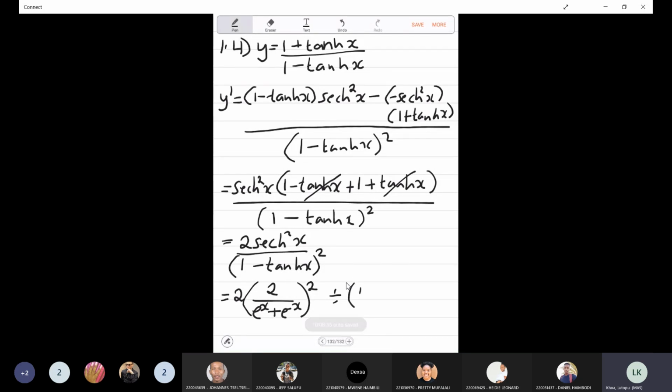So this is 1 divided by, and then tanh, I write it in terms of e to the power of x and e to the power of minus x. This is e to the power of x minus e to the power of minus x over e to the power of x plus e to the power of minus x. That is what tanh is, and this must be squared.